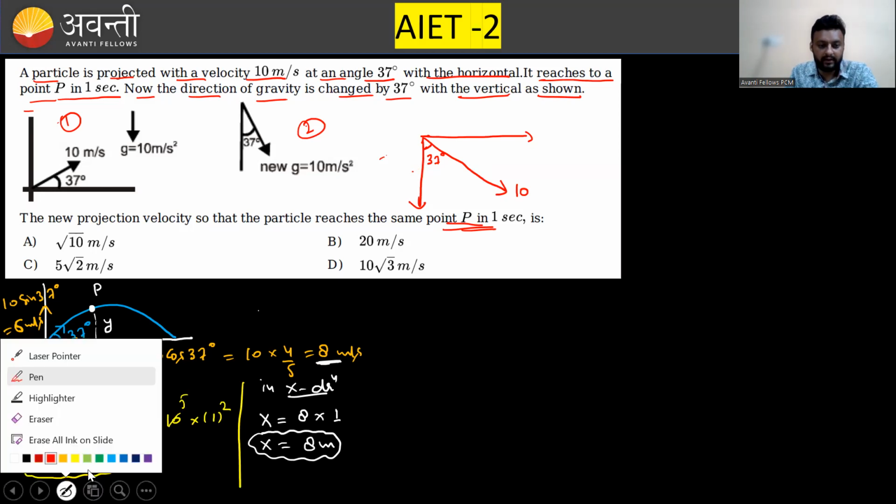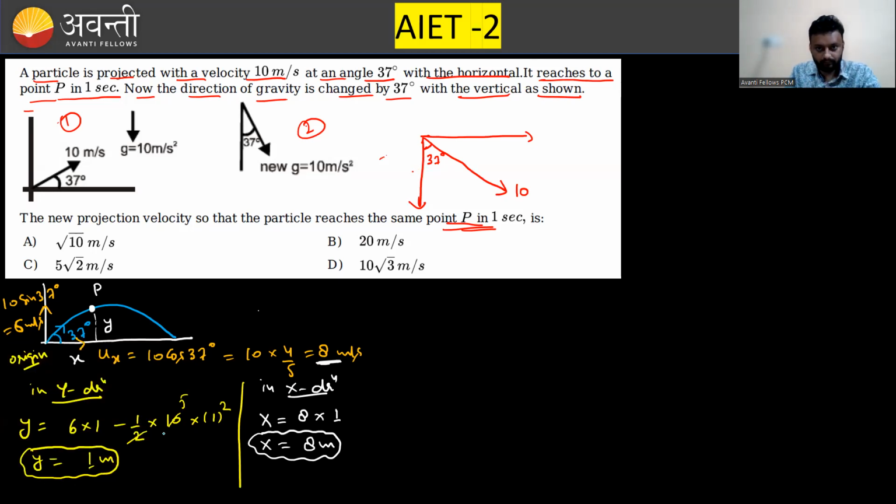Now, if you take the components, this component will be 10 sine 37. Clear? That is g sine 37, where g is the acceleration due to gravity. Sine 37 is 3 by 5, so 5 times 3 by 5 is 3, 2 times 3 is 6. That is 6 meter per second square.